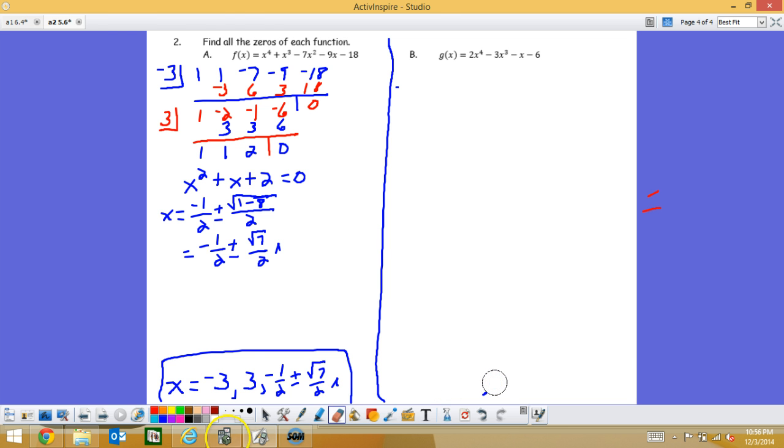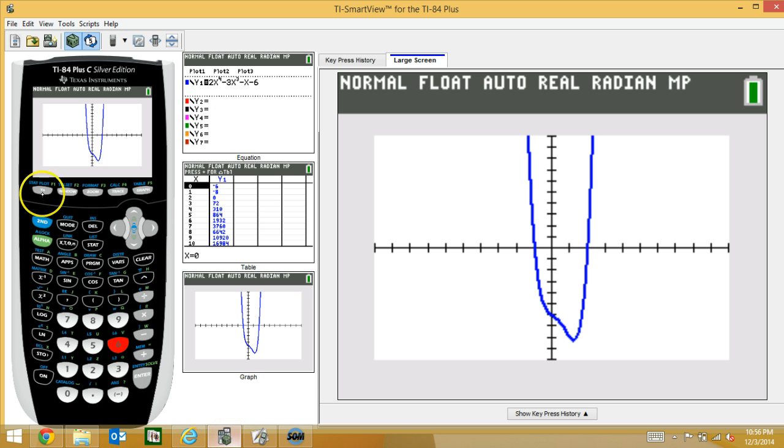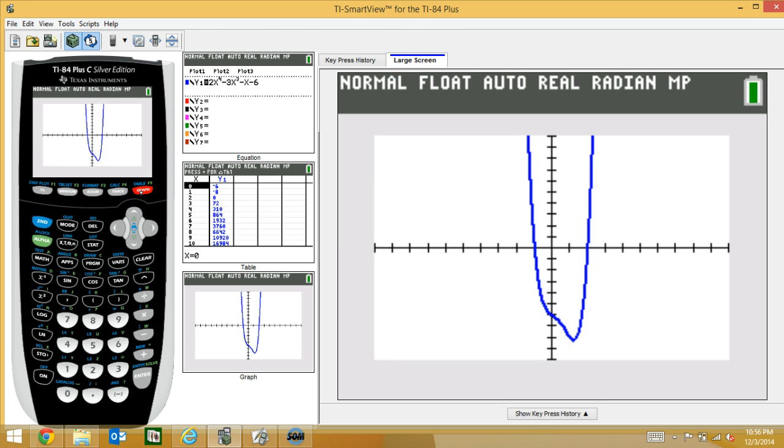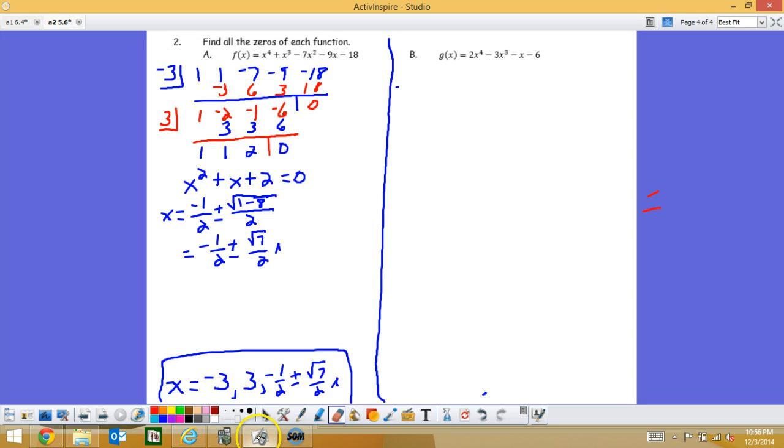Now this one I have already graphed in y sub 1, and graphing on the standard window, I see that the rational zeros are negative 1 and 2. So going back here, we have x equals negative 1 and 2.